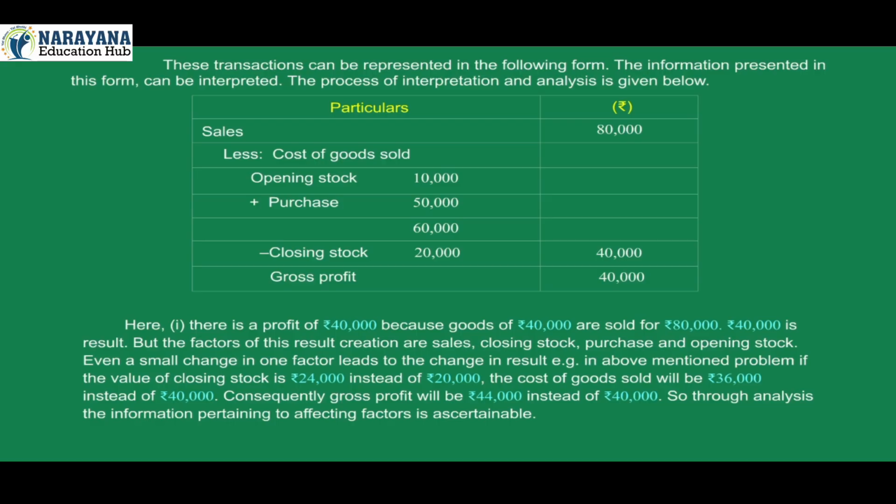Even a small change in one factor leads to a change in the result. For example, in the above mentioned problem, if the value of closing stock is Rs 24,000 instead of Rs 20,000, the cost of goods sold will be Rs 36,000 instead of Rs 40,000. Consequently, gross profit will be Rs 44,000 instead of Rs 40,000. So through analysis, the information pertaining to affecting factors is ascertainable.